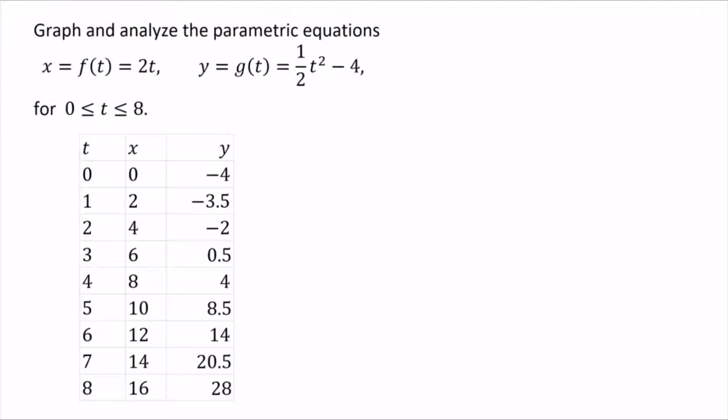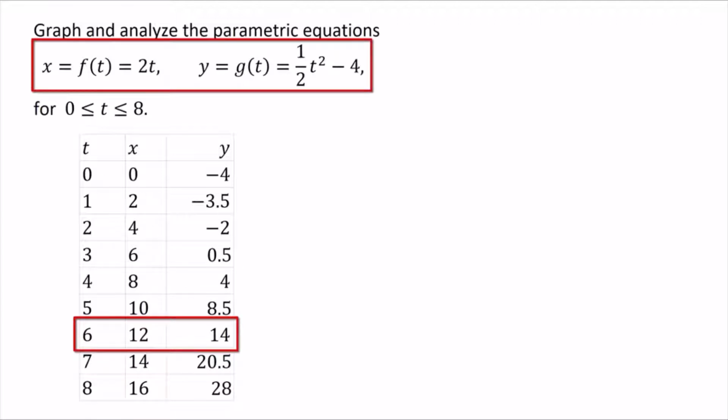Plotting points can help with visualizing a parametric curve, and here is a table of values showing x and y for the whole number values of t between and including t equals 0 and t equals 8. For example, when t equals 6, x equals 12, and y equals 14, which can be found by evaluating the given parametric equations when t equals 6.